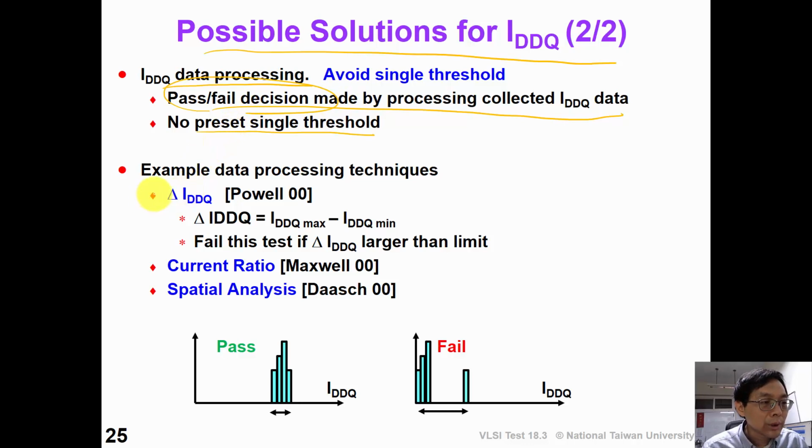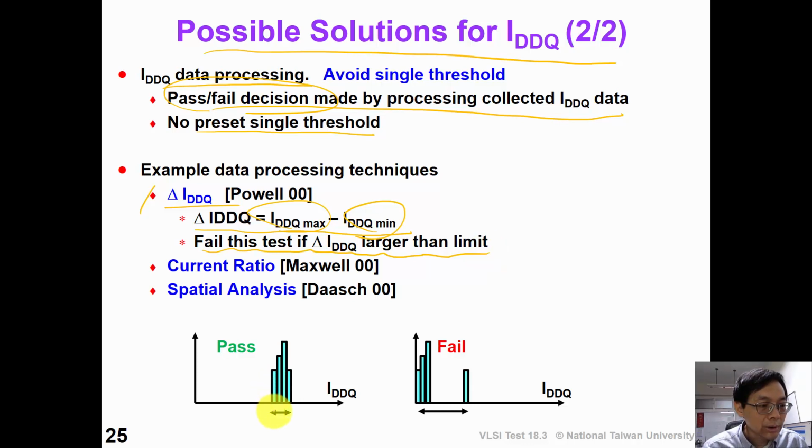Here we list 3 techniques. The first one is delta IDDQ. We take the difference of maximum IDDQ and the minimum IDDQ, and we fail the chip if delta IDDQ is larger than a certain limit.